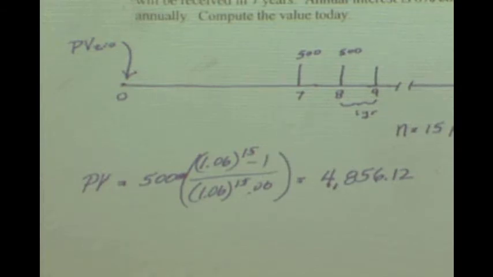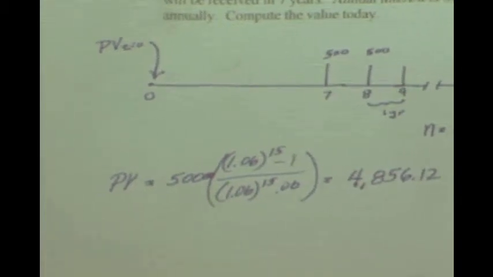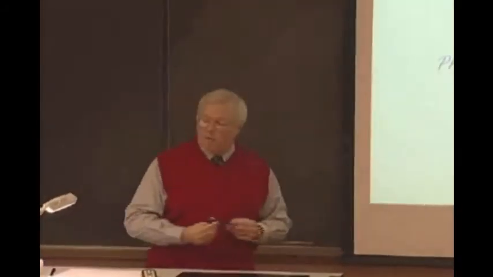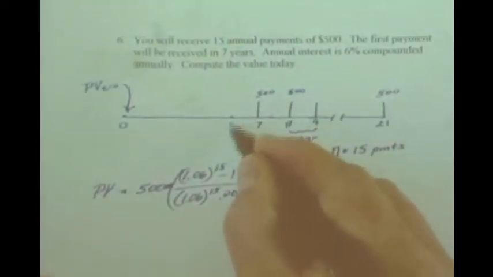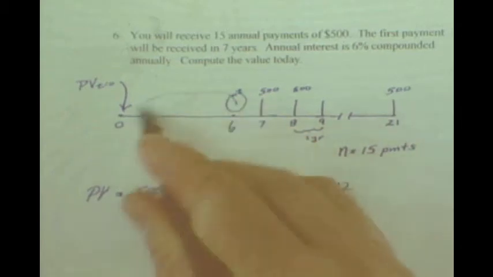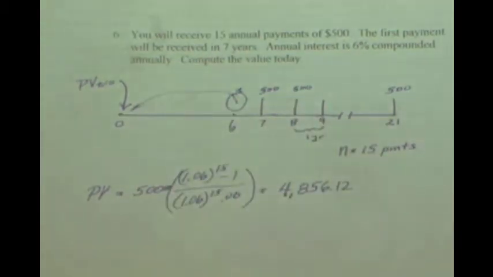There's where we want to be real careful. The first payment's at time 7. Time 6, correct. We've consolidated the payments at time 6. And we need to move them from time 6 to time 0.